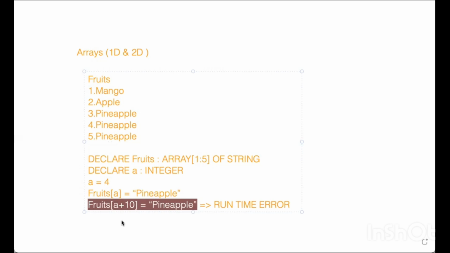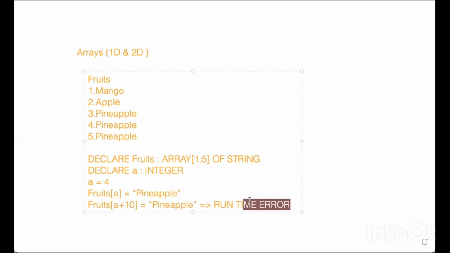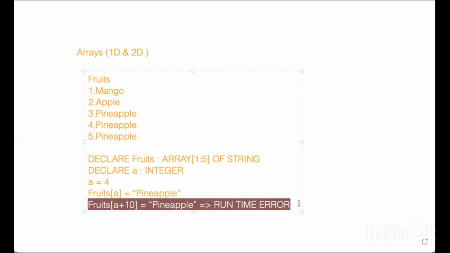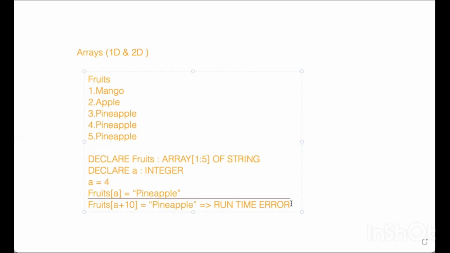So if you have taken input from the user before this line, and you had to save all that data somewhere in a file after this line, that data will never get saved in the file because the program has crashed here. So that would result in a very serious error. The data could not be saved and you lost maybe precious data. So runtime errors are always very dangerous. All right. So that causes a runtime error, and the runtime error would be index out of bound exception or index out of bound error.